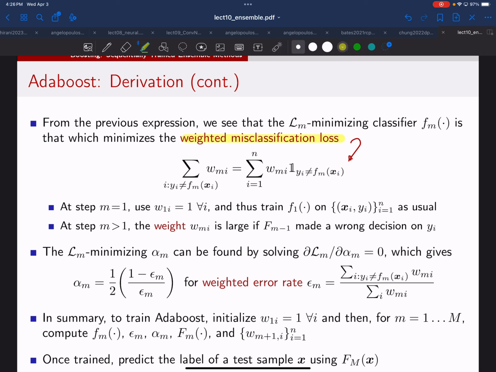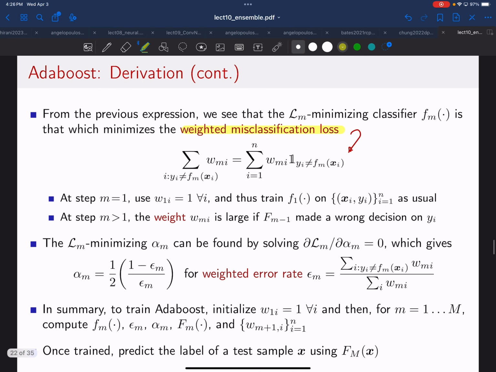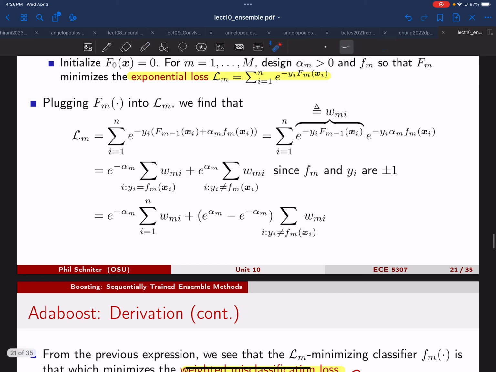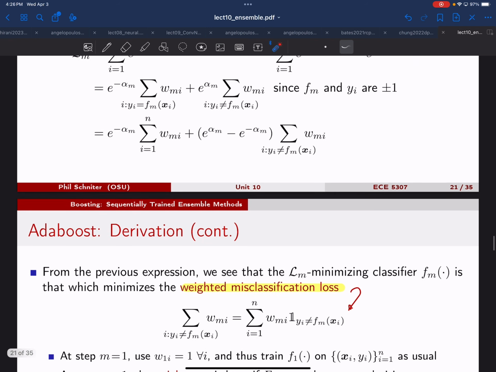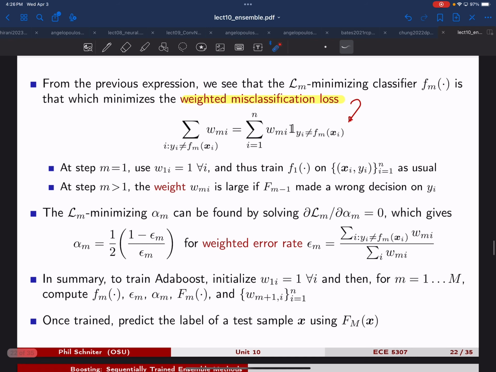Okay, so once we know little fm, we have to design the alphas. So it turns out that once you know this little fm, all this is known, and you can design the alphas by taking the gradient of this with respect to alpha m and setting it to 0 and solving for alpha, the thing that we like to do whenever we can. And it turns out if you do that, it's not too hard to show that this is the optimal value of alpha.